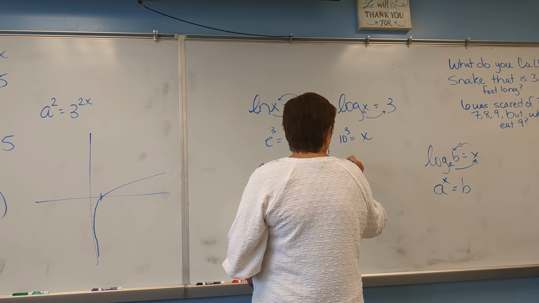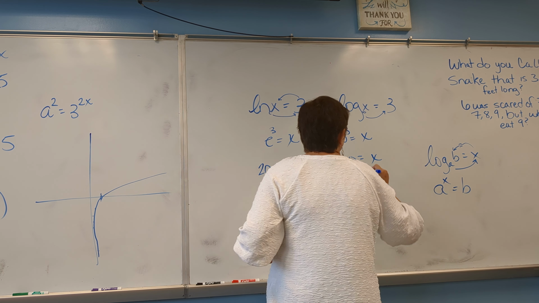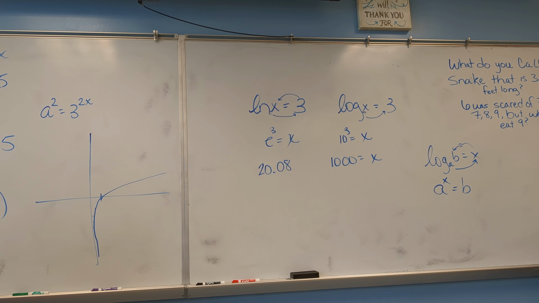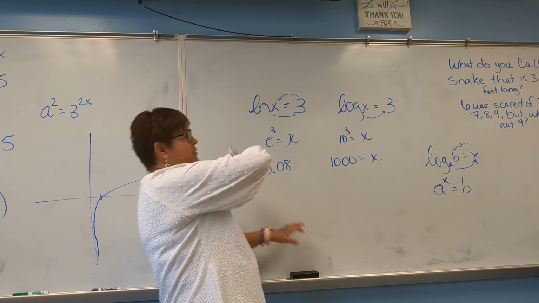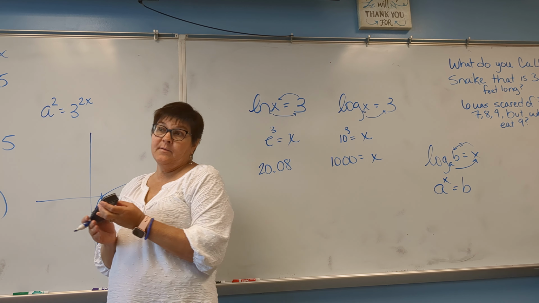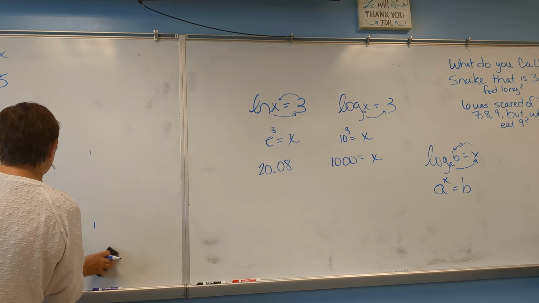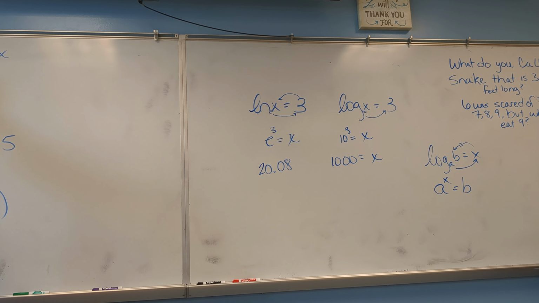Are we cool? So the idea is the little guy to that power. Sometimes they're not as pretty as this. They're not concise where it's like ln of x equals stuff. So we're going to have to be creative in how to solve for the x.